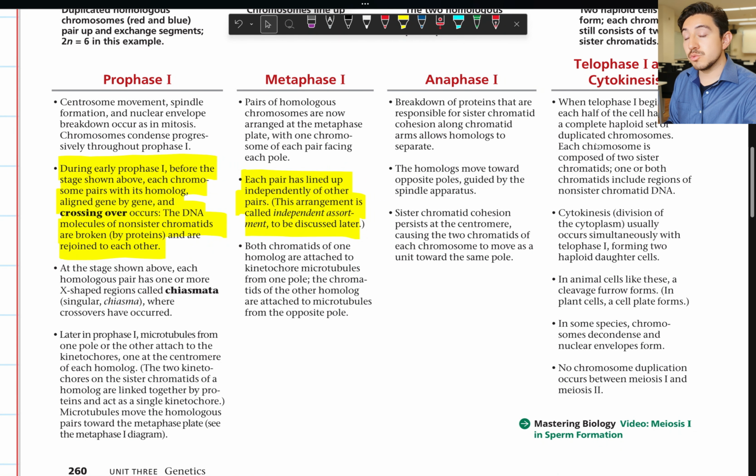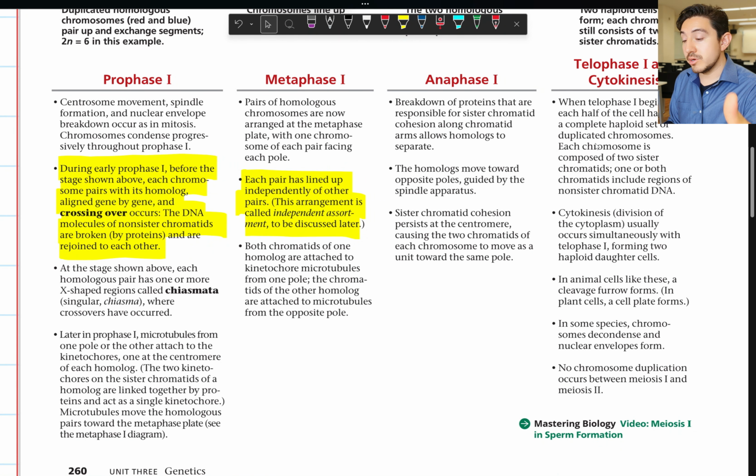And then cytokinesis I, where you have that separation of the cytoplasm. At this point, you have a haploid cell forming, and there's two of them. So you have two haploid cells.